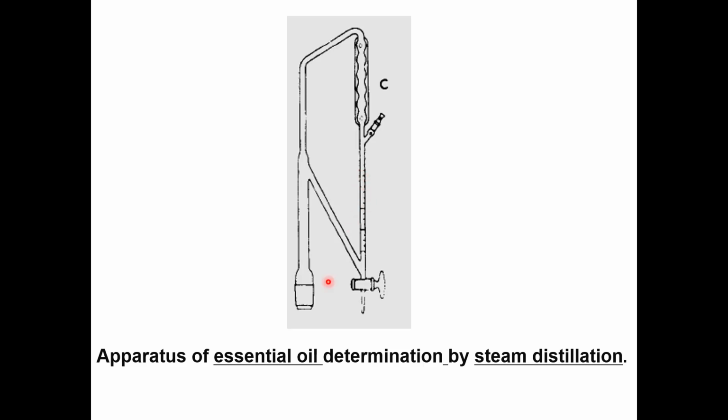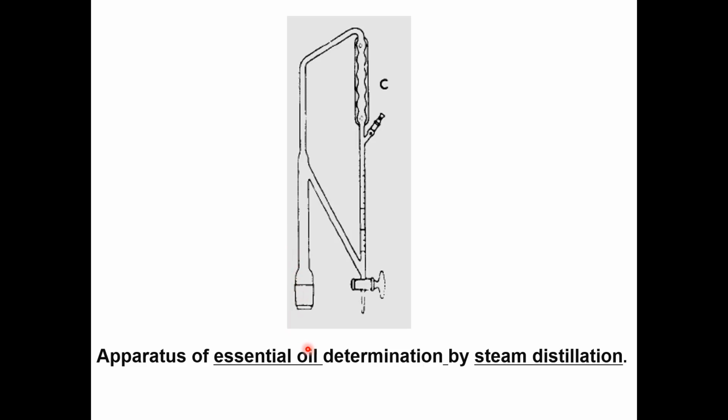This version of the Clevenger apparatus is used to determine the percent of oils lighter than water, because the oil layer will be floating. It's lighter than water, while the water collected in this graduated tube will be returned back into the distillation flask.